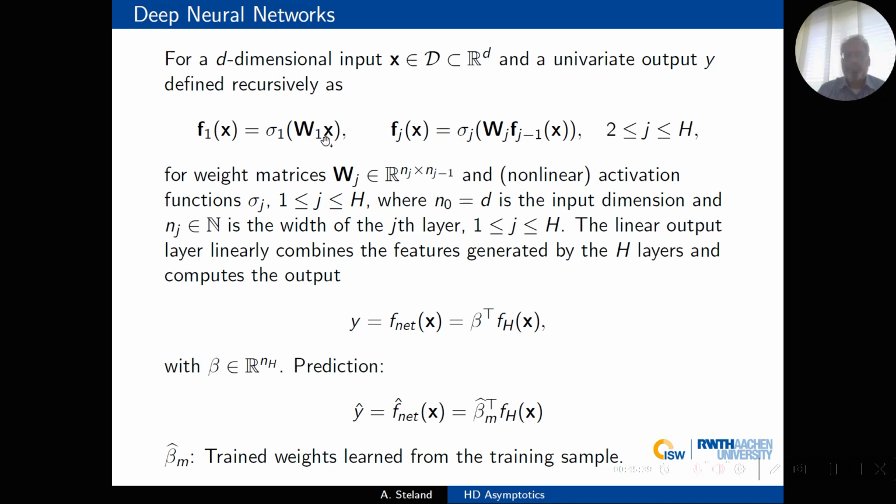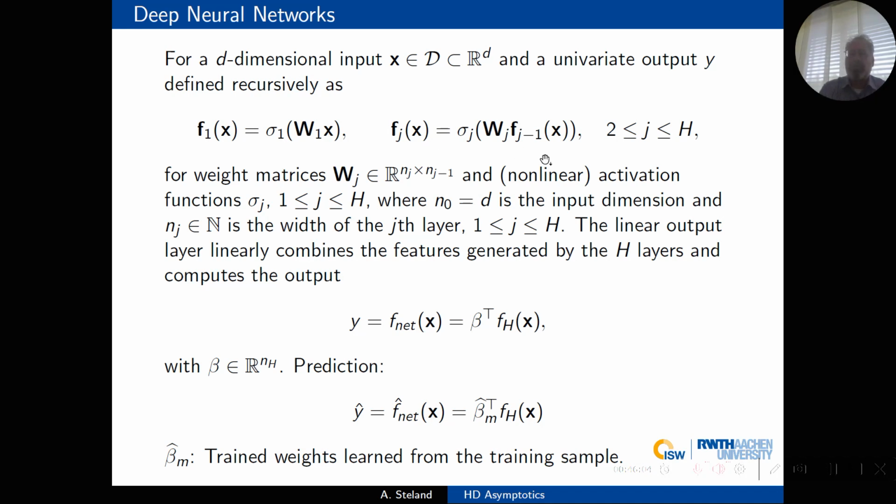The inputs are connected to neurons of the first hidden layer. The connection weights are put into this weight matrix W1. And then we apply element-wise to this resulting vector a possibly nonlinear activation function.